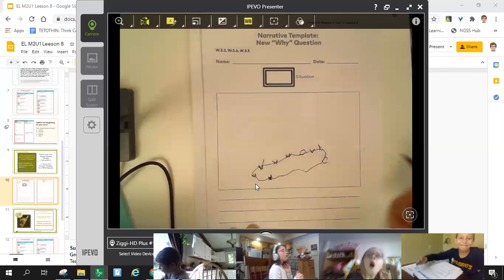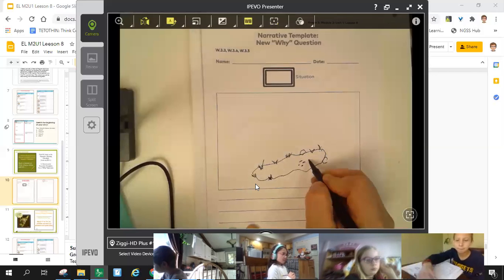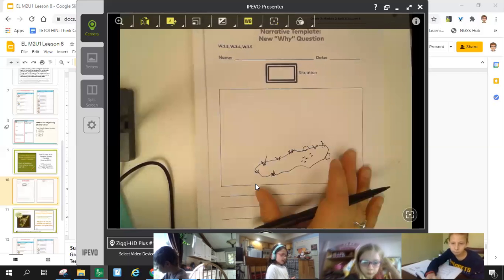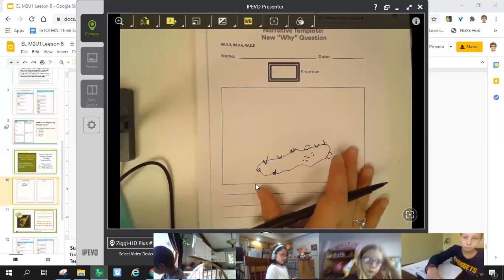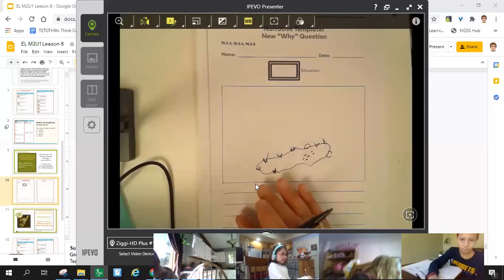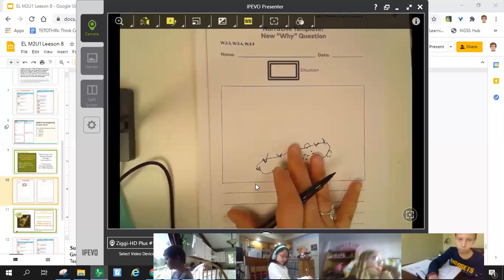And then I would have my little polywogs inside, right? So you're just drawing your ideas down, because you're about to write some sentences. But not yet. We're going to wait on the sentences. We're just thinking about what, and don't draw my picture.